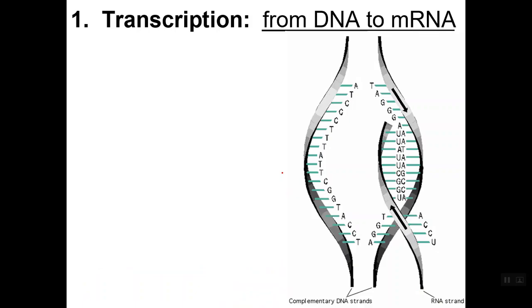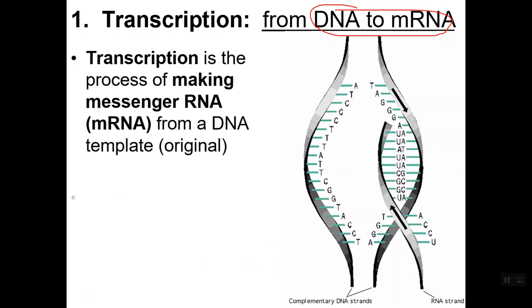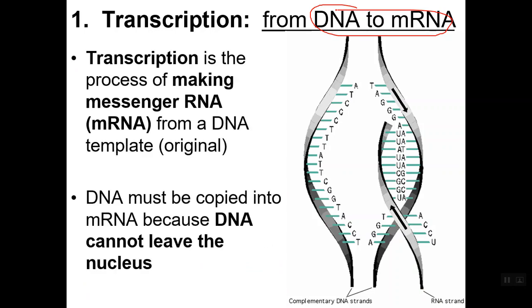All right, so let's look at transcription first. You're going from DNA to messenger RNA. That's critical. You must know it, right? So transcription is the process of making a messenger RNA from a DNA template. So if you look in this image, what I'm highlighting here in red is the original DNA in the nucleus.